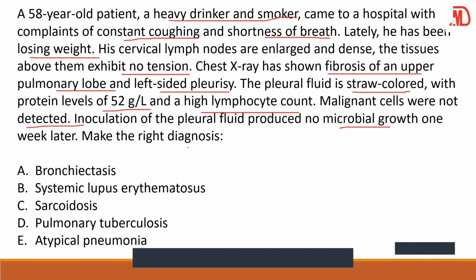Exudates are inflammatory or infection in origin. So please put these things into perspective when you are thinking through these kinds of questions. Over here, we are definitely looking at D as our answer, pulmonary tuberculosis.